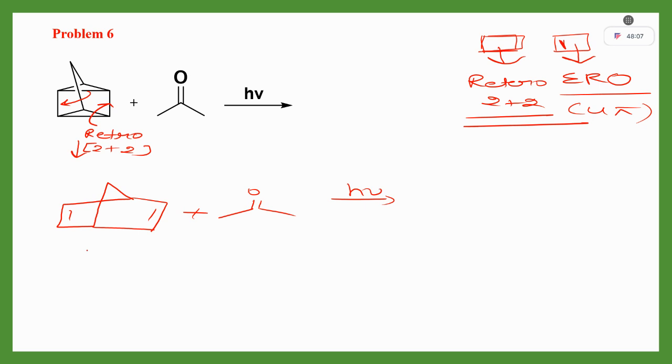Under photochemical condition, which reaction? Name reaction. When an olefin and a carbonyl undergo 2 plus 2 cycloaddition, that name reaction is the Paterno-Bucchi reaction.